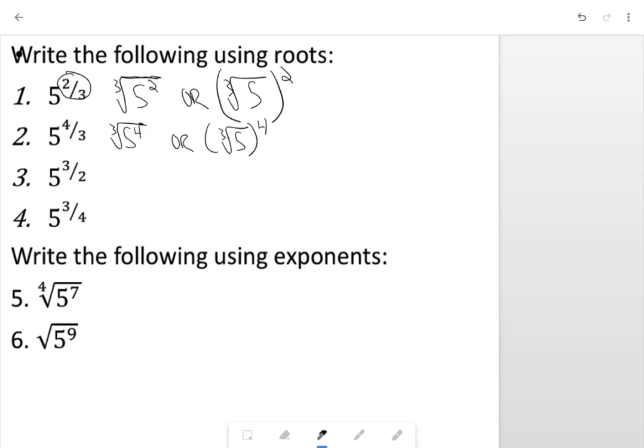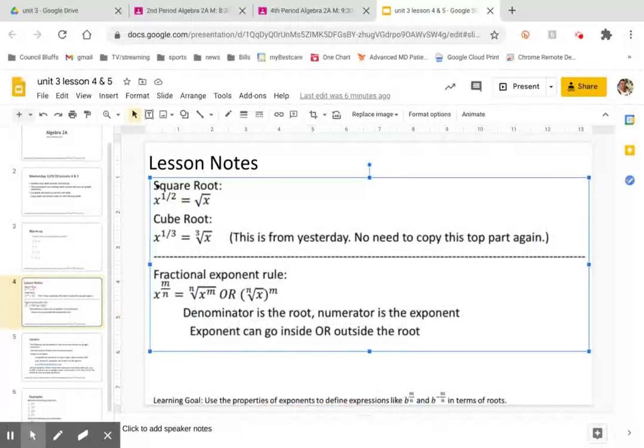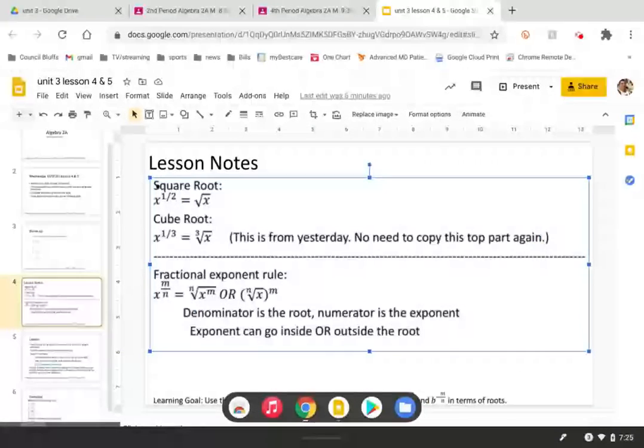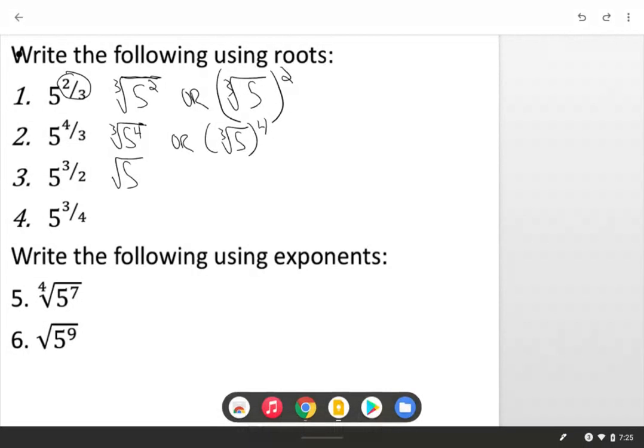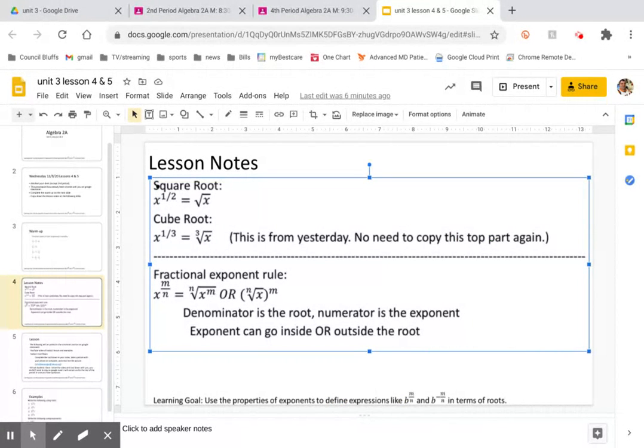Okay, number 3, 5 to the power of 3 halves. Again, the denominator, which in this case is 2, tells me the root. So this tells me that it's going to be a square root, which means I don't need to write a root index outside of that. Just by writing the symbol like that, it implies that it is a square root. So the denominator is 2. That tells me the root, that it's a square root.